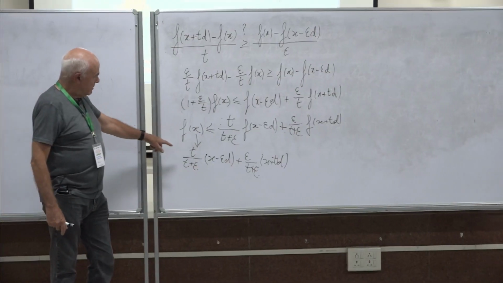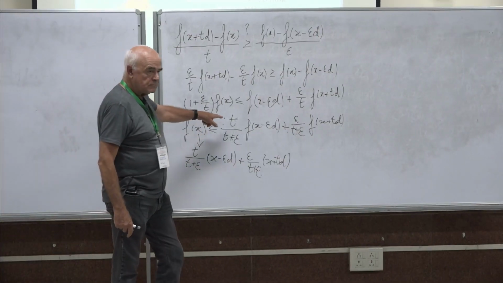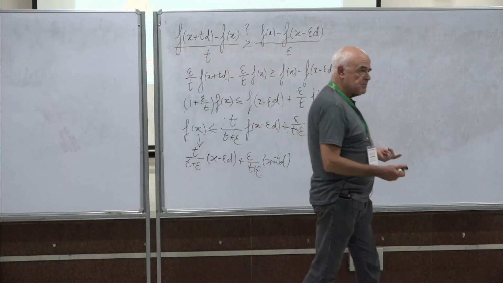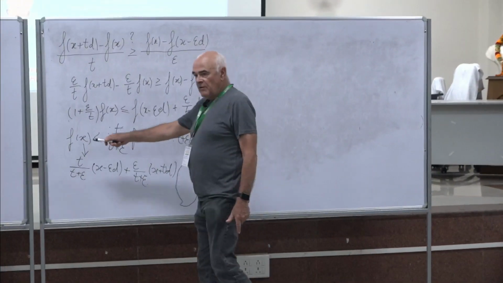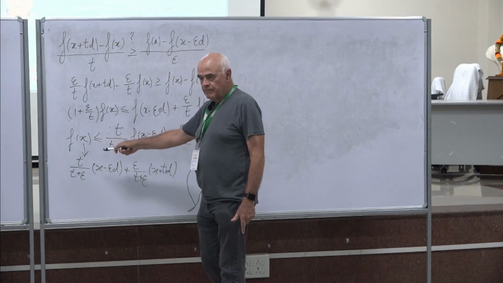And these coefficients, t over t plus epsilon and epsilon over t plus epsilon, are non-negative, because both t and epsilon are non-negative, and their sum is equal to 1. So what I have here is f of a convex combination.